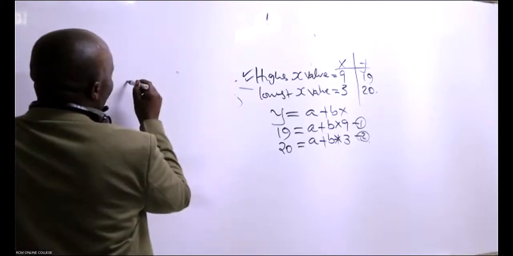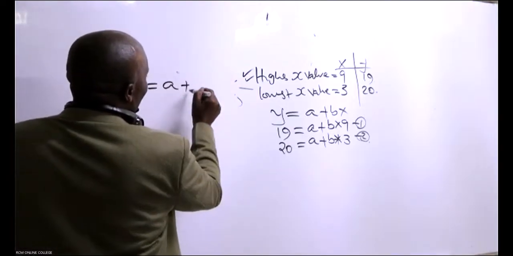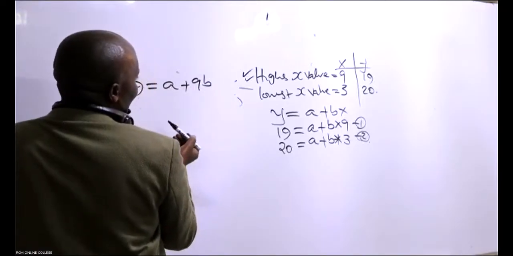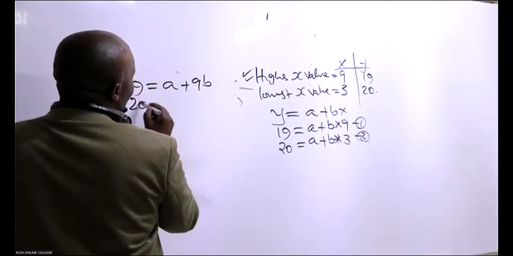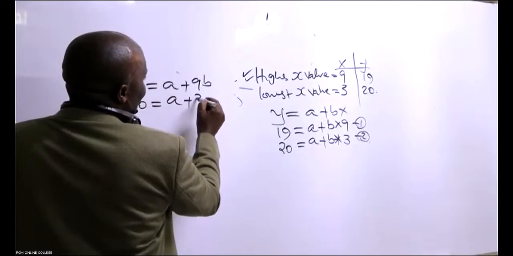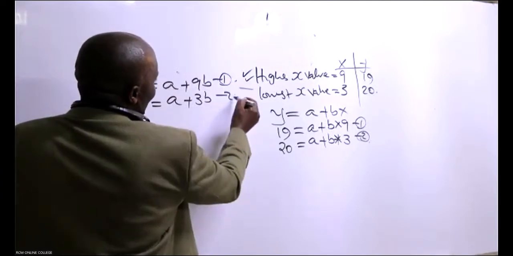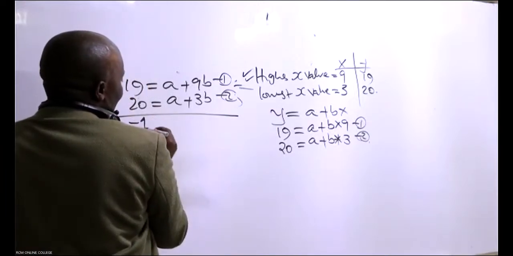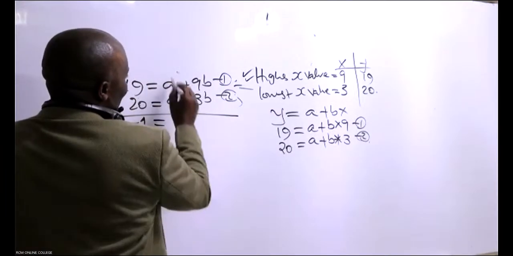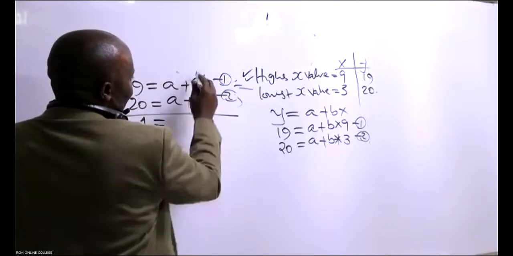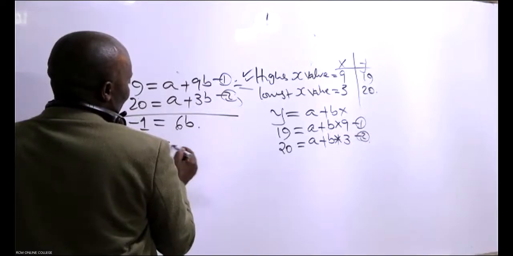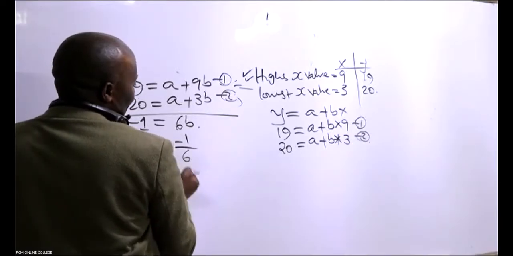So then this will be 19 equals a plus 9 boy, right? 20 equals a plus 3 boy. 1, 2. Subtract. So 19 minus 20, that gives me minus what here? Yeah. So this disappears, right? This gives me what here, somebody? 6b. Therefore, b will be minus 1 over what here? 6.